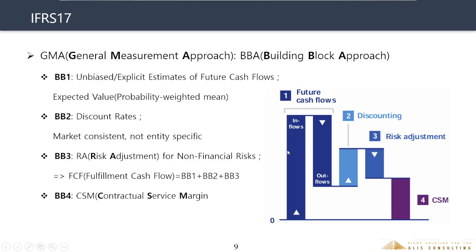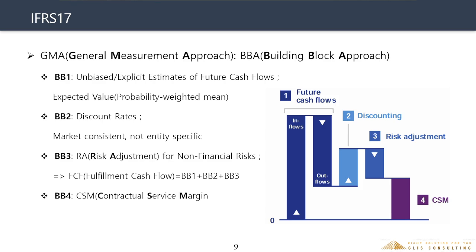Second one is the discount rate, but the standard says it is an adjusted value to reflect the time value of money and the financial risk, to the extent that building block one is not biased.